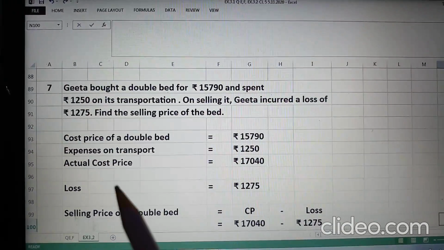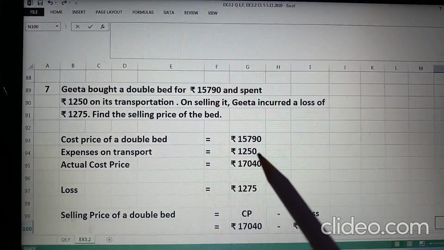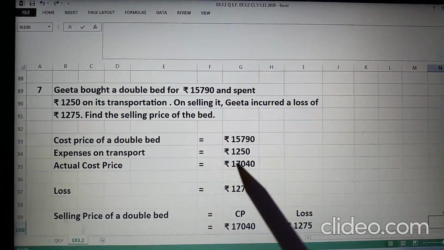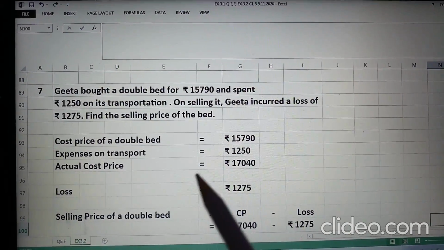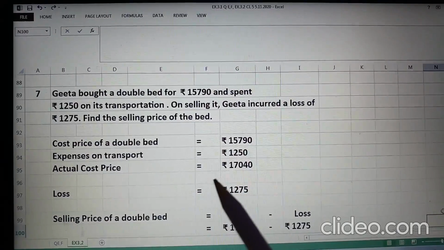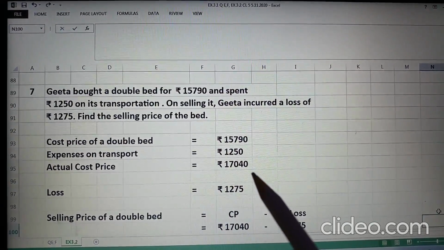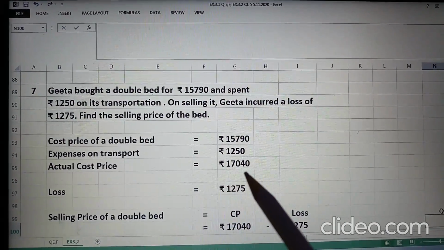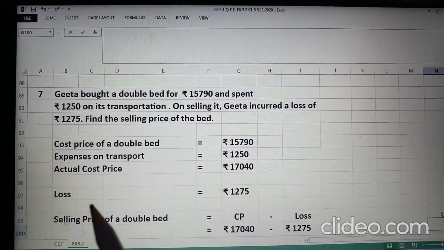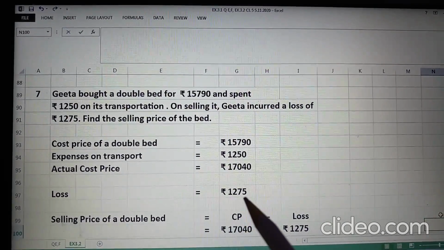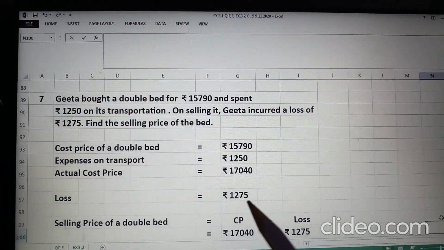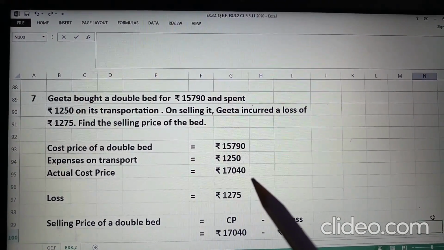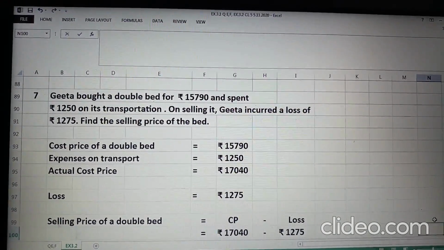So how to do? Cost price of a double bed is 15,790 rupees. Expenses on transport is rupees 1,250. And actual cost price will be 17,040 because we will add these two to get actual cost price. So the loss suffered is rupees 1,275. Children, whenever there is a loss and we have to find out SP, we subtract it from CP.